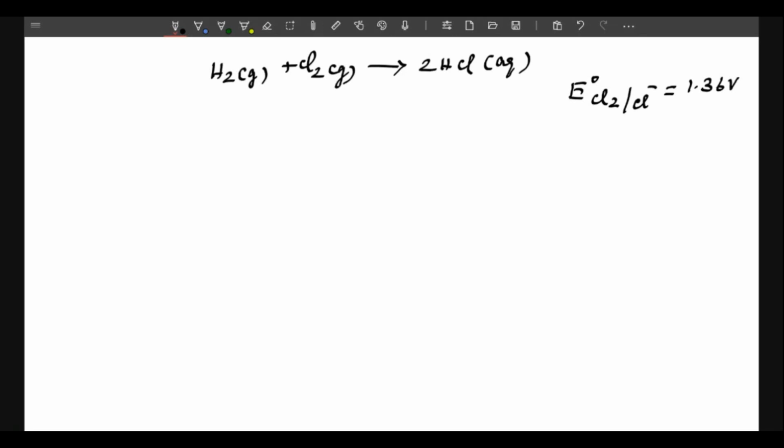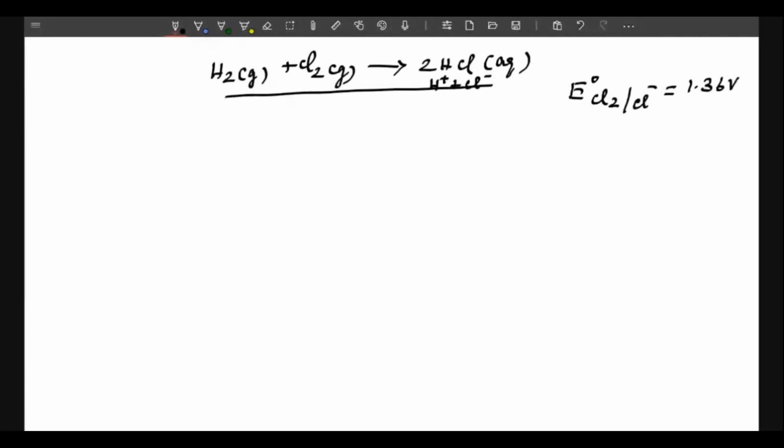And if you understand this, you can easily construct the cell. Looking at this, I have already taught you how to say it. The HCl is present as H plus and Cl minus in aqueous solution.